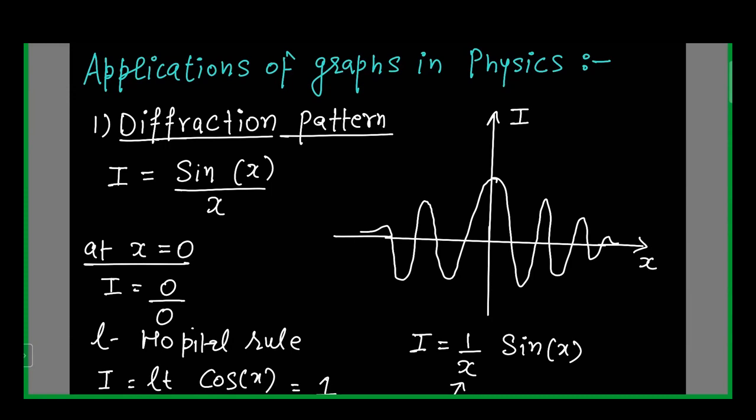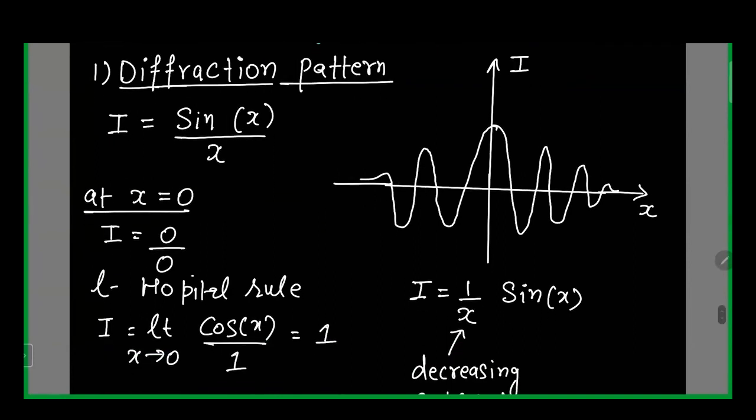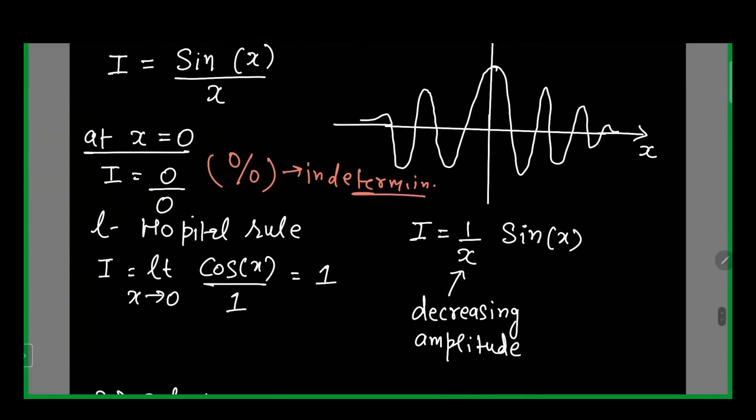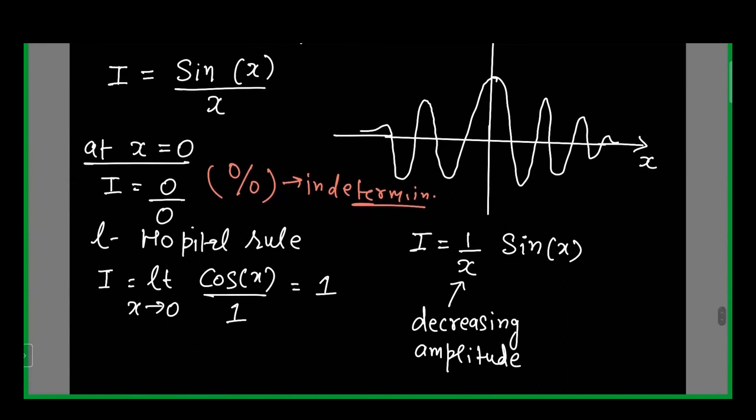The first thing that you do is ask, what is the value at x equals 0? Now here I cannot answer directly, because if I put 0 in the numerator, I get sin 0, which is 0, and in the denominator also I get 0. Whenever I get 0 by 0, it is an indeterminate form. Whenever I get an indeterminate form, I can use L'Hospital's rule, in which I differentiate numerator and denominator both.